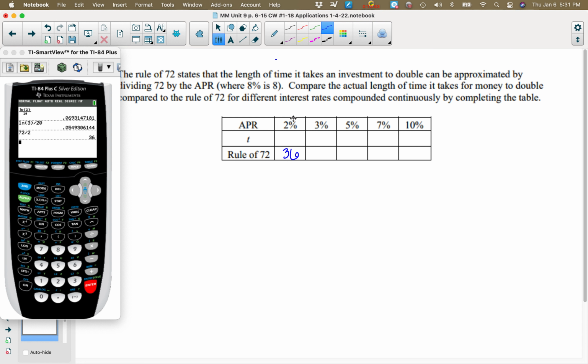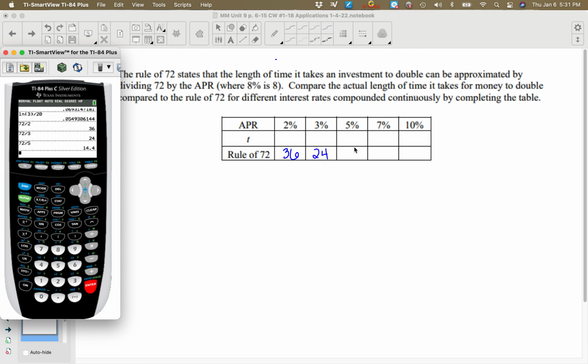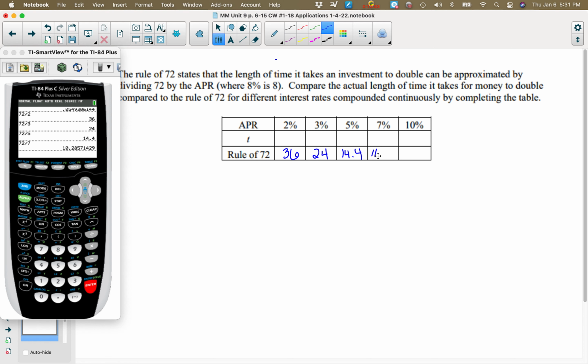If you had 3%, you would take 72 divided by 3, and it would take you approximately 24 years. And here we're going to take 72 divided by 5, so it would take approximately 14.4 years. 72 divided by 7 is about 10.3 years, and 72 divided by 10 is 7.2.